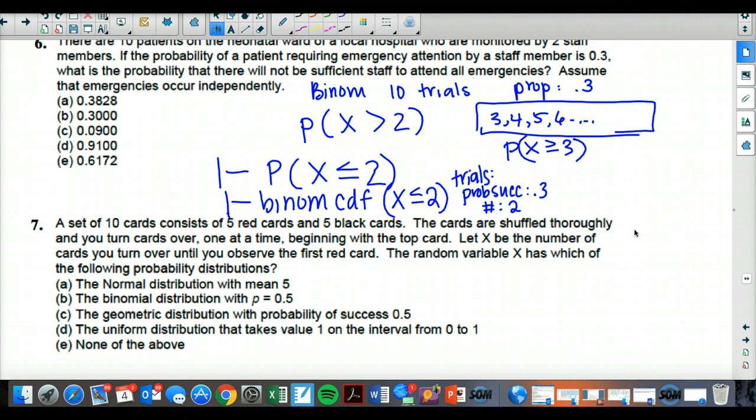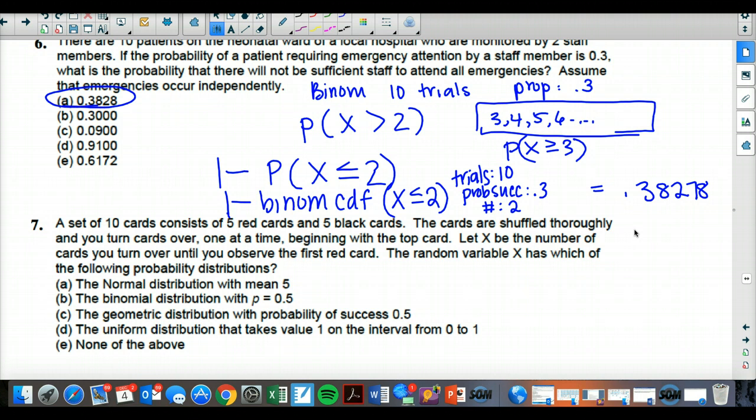When I first read this question, I was like, what? But then as I thought about it, if 3 people are needed, we don't have enough people. And the answer is 0.3827, which is 3828, so that's A.